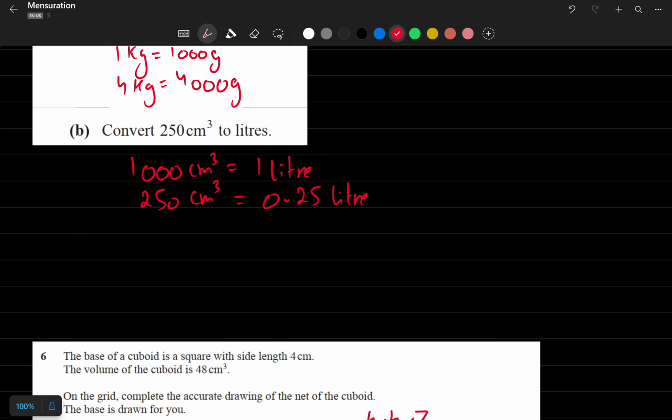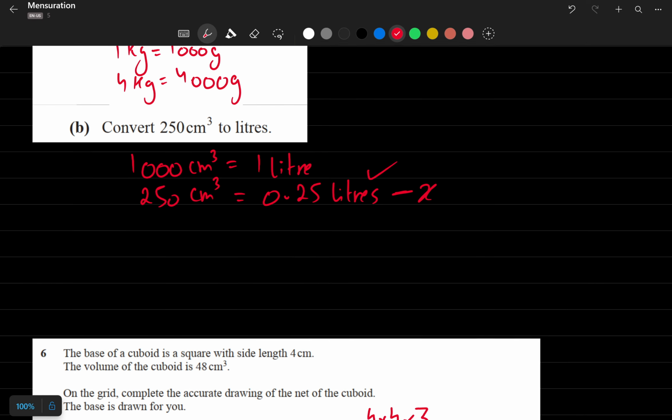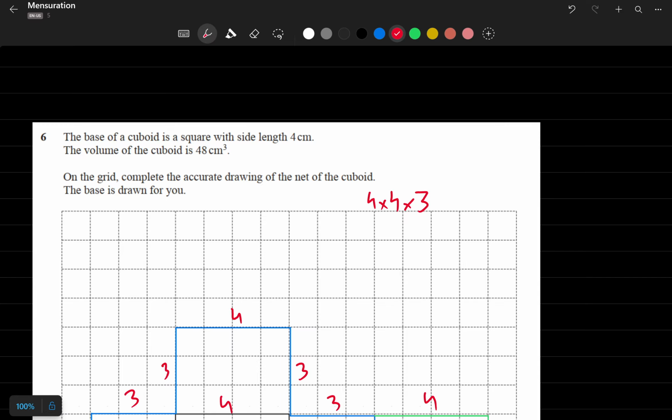This is mental maths, but you can cross multiply. You can suppose this side as x and cross multiply it to get 0.25 liters, which is the final answer for this question.